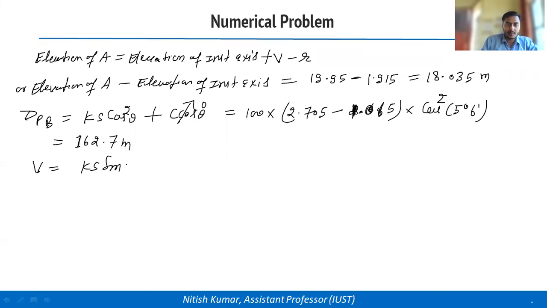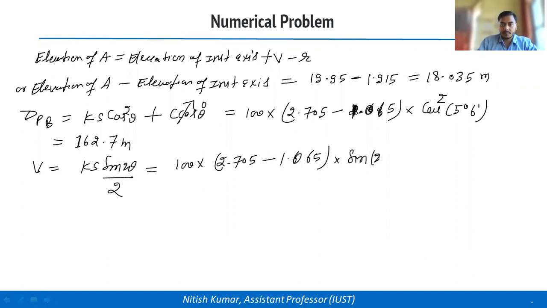Now we can calculate the V. We are getting this value as 14.521. Now we will develop a relation.